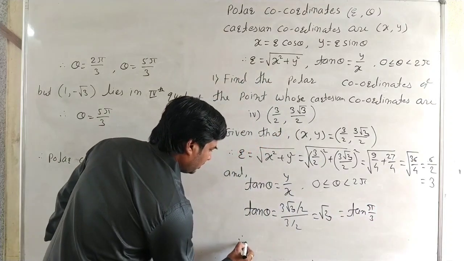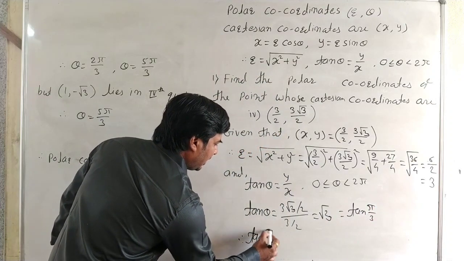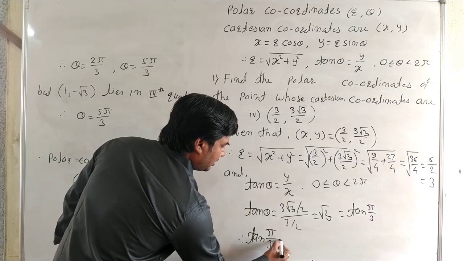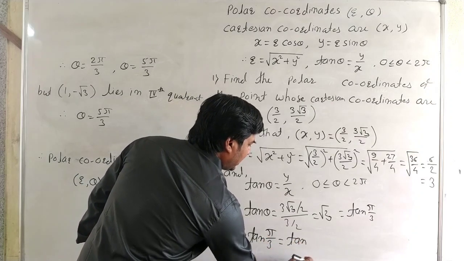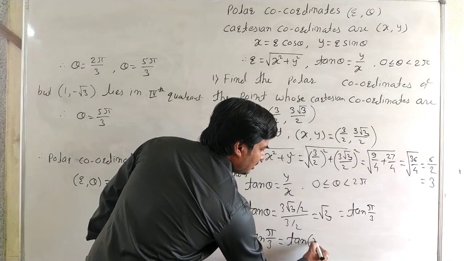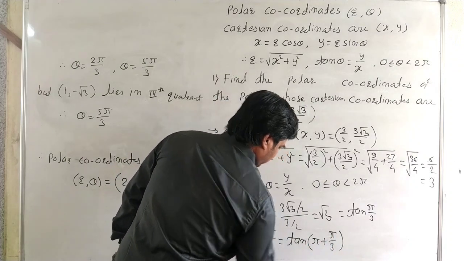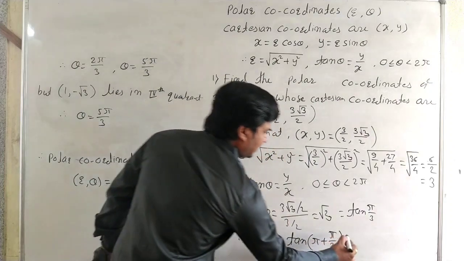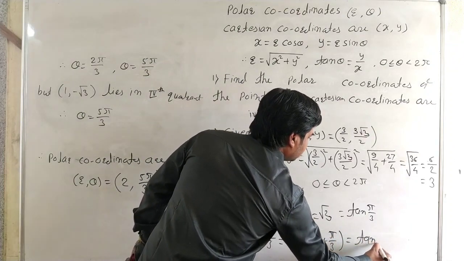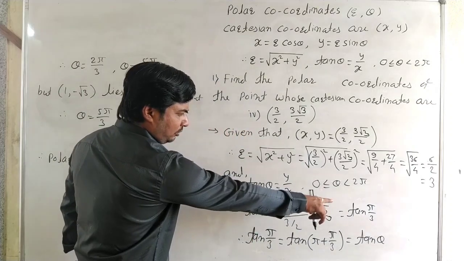And therefore tan pi/3 is equal to tan of pi plus pi/3.